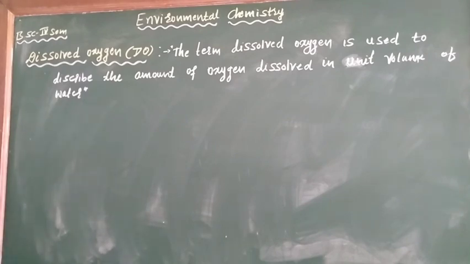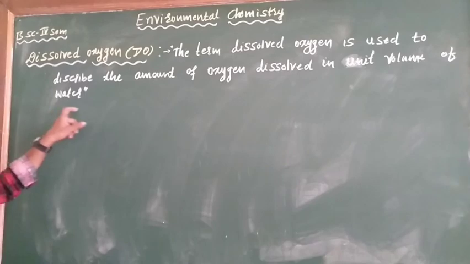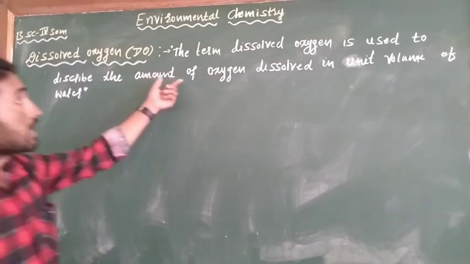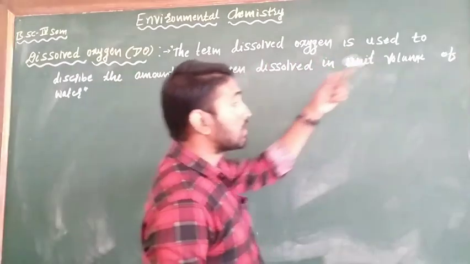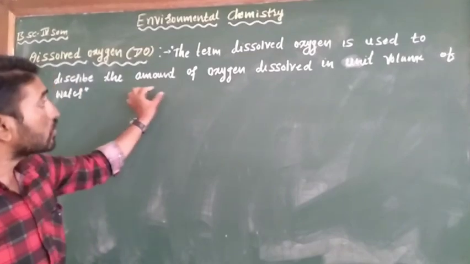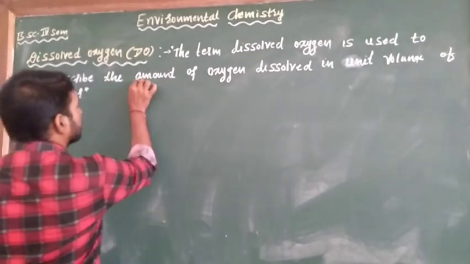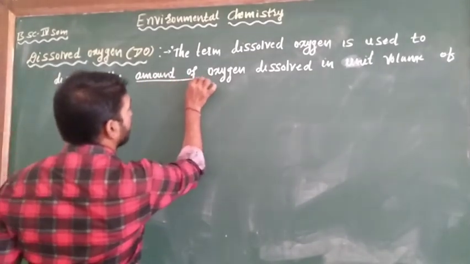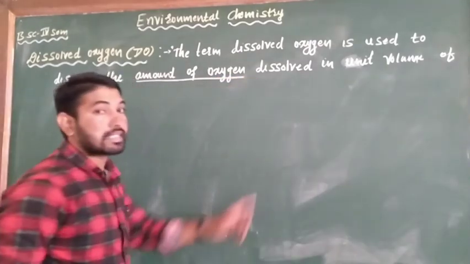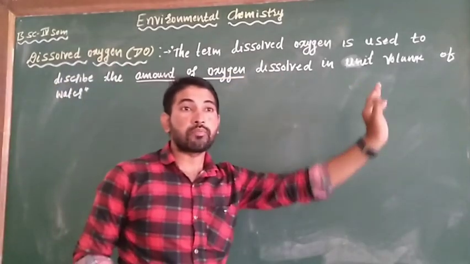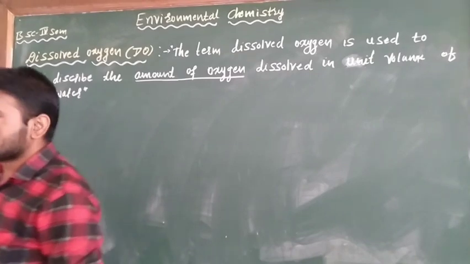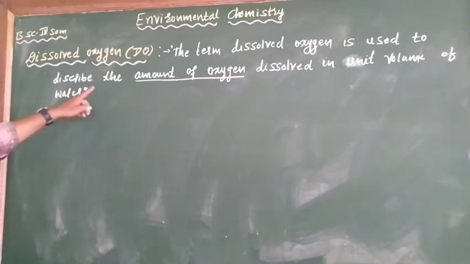This is the definition for dissolved oxygen. The term dissolved oxygen is used to describe the amount of oxygen dissolved in unit volume of water, that is known as dissolved oxygen.